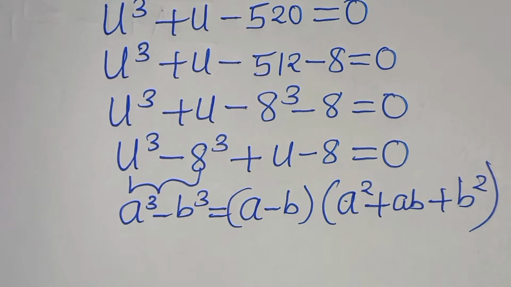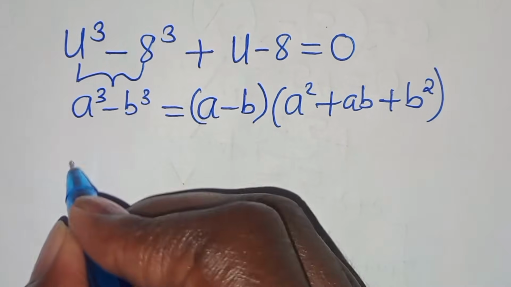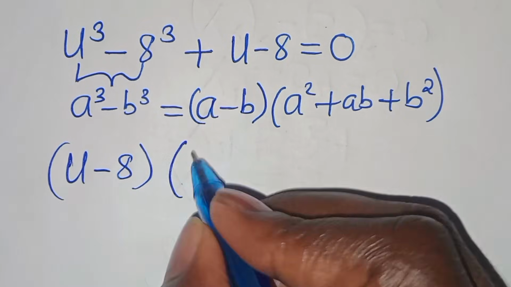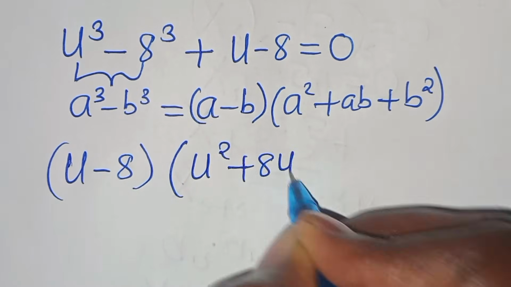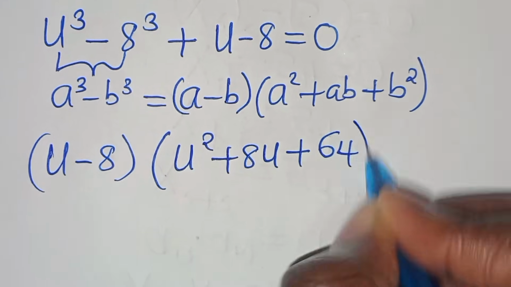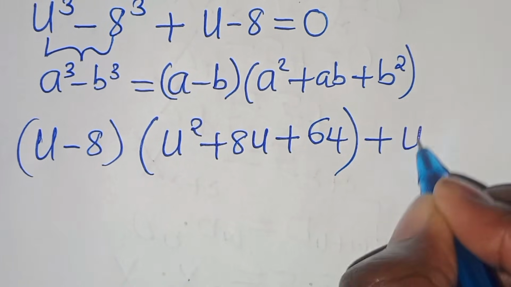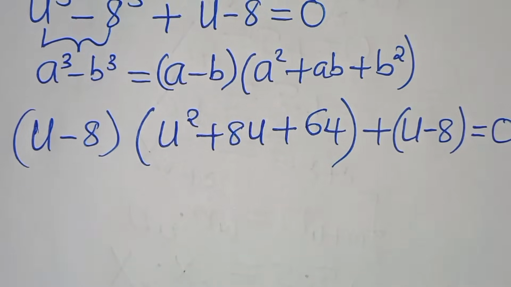Applying this identity, we have (u - 8)(u^2 + 8u + 8^2, which is 64), then plus (8 - u) closed, equal to 0.